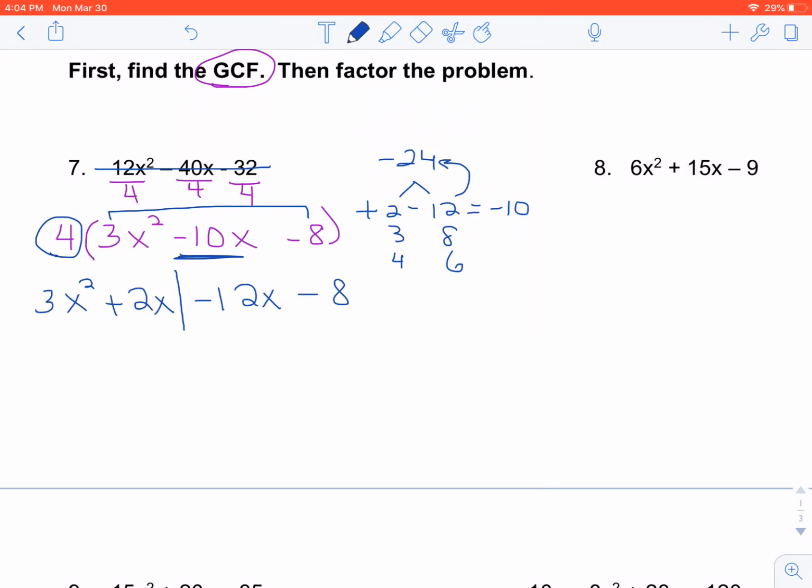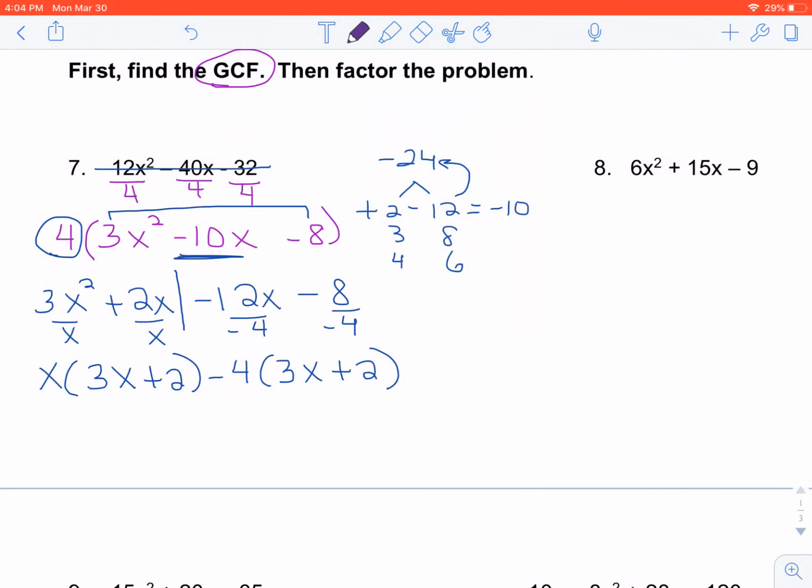So instead of writing -12, we're rewriting that. Putting a little line down the middle, taking out what those first values have in common. They both have an x. So if we pull out an x, we have 3x plus 2. Looking at the 12 and the 8, those are both divisible by 4. Again, the 12 is a negative, so we have to make sure we're pulling out a -4. -12 divided by -4 is 3x. -8 divided by -4 is plus 2.